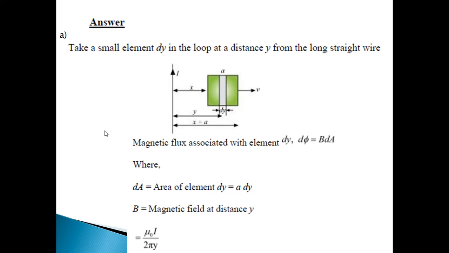So, the magnetic flux associated with the element dy, d phi, will be B into dA, because here area is the variable. And dA is equal to A, small letter a, into dy. B is the magnetic field at the distance y. And B is given by mu naught I by 2 pi y.